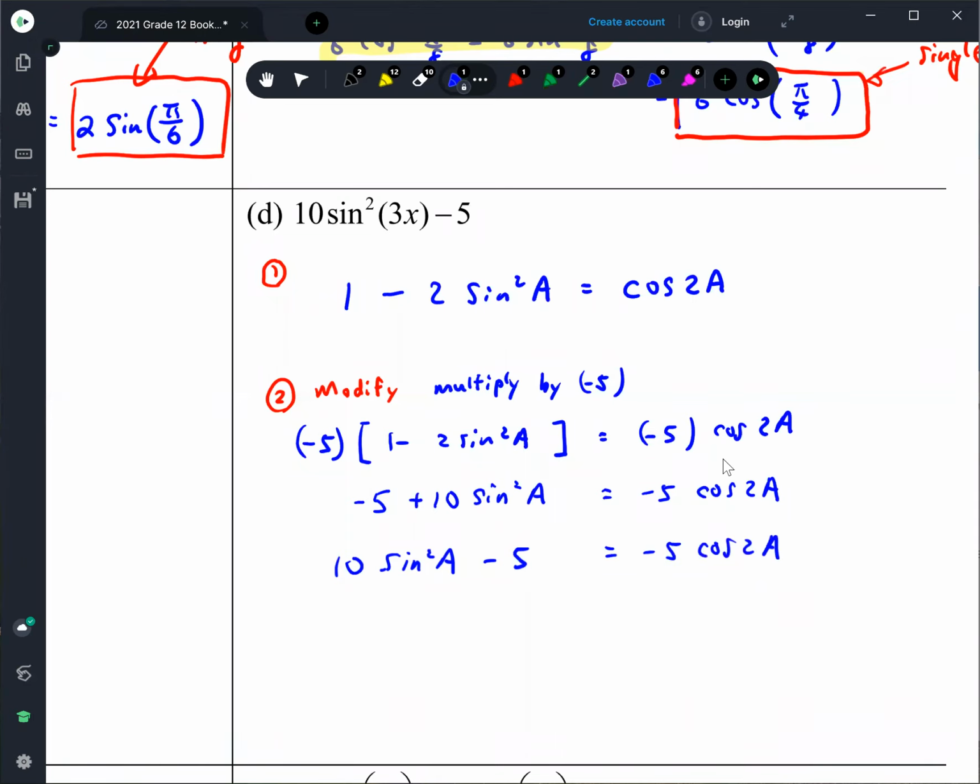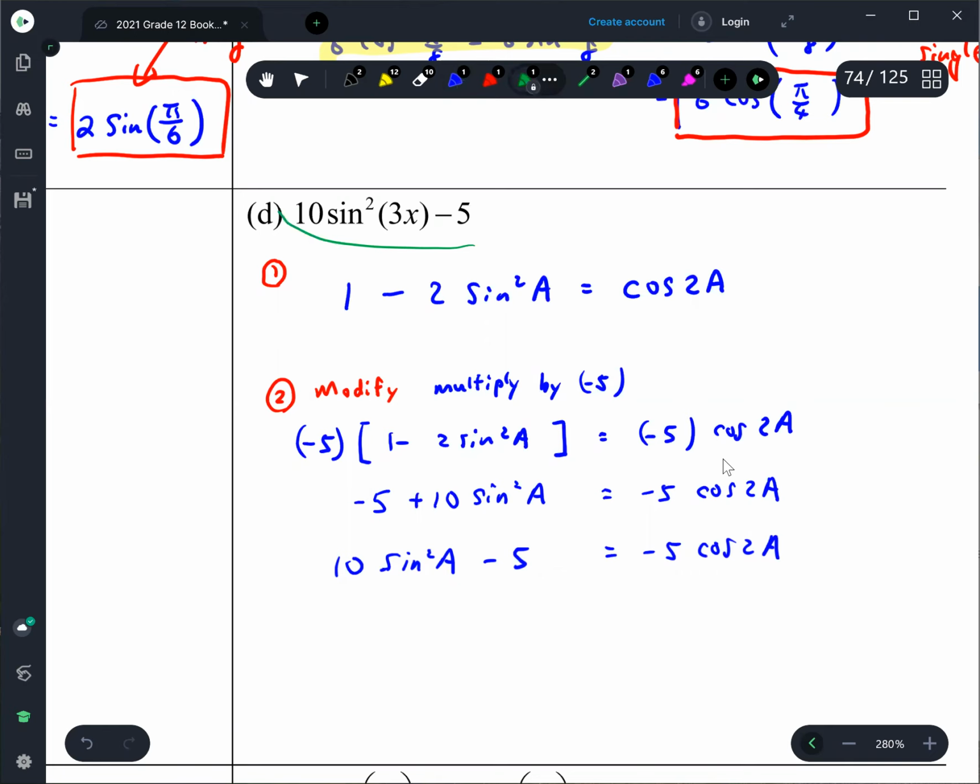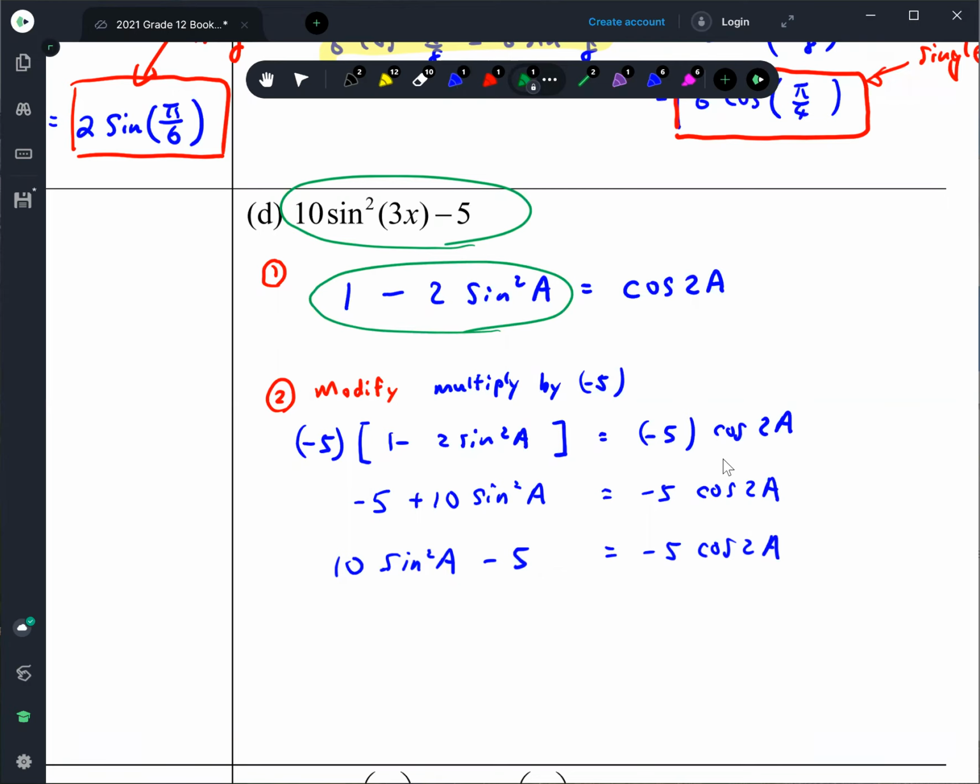Okay, very good. So if you compare the question with the identity, the sign's opposite, right? The sine square in the question is positive, but the identity is negative. So that's why you need to multiply by a negative sign.